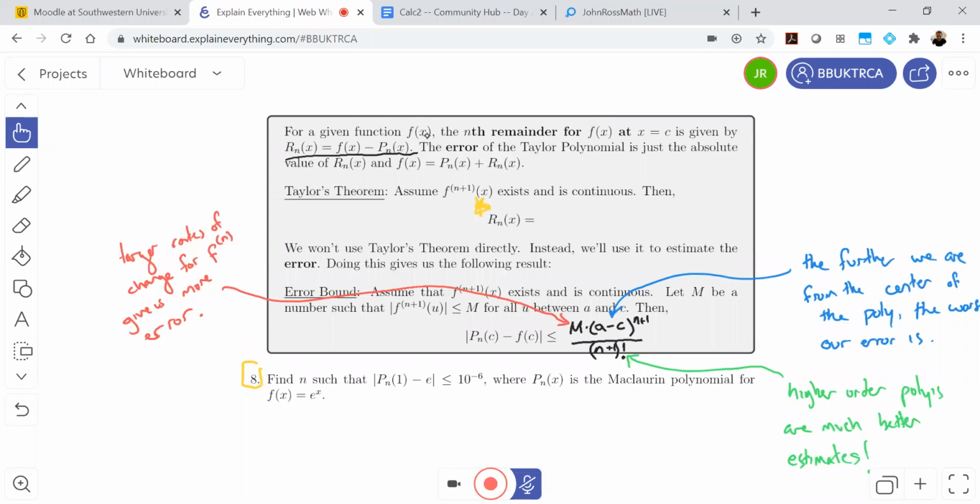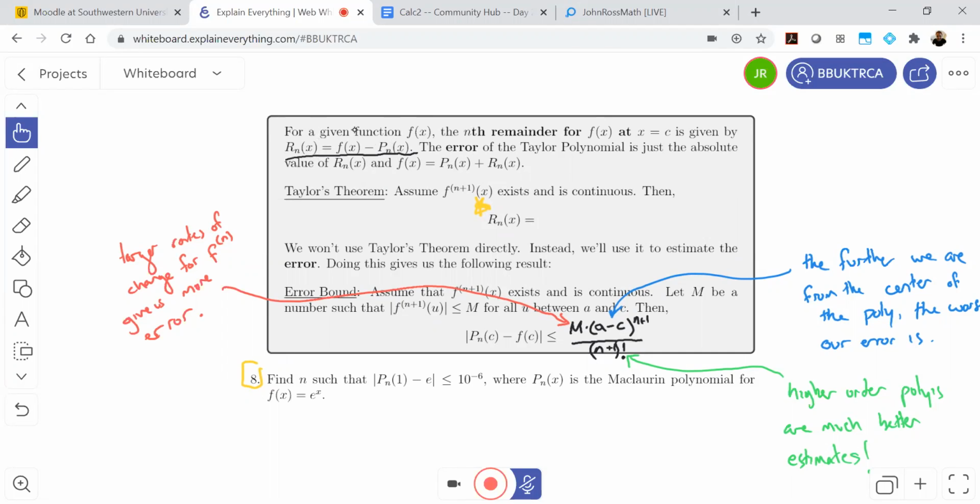I should say the Taylor polynomial is given by the formula up above, and the remainder is going to be just the function itself minus the nth degree Taylor polynomial. So the remainder is this leftover piece. It's the difference between the function and the polynomial. If that's the remainder, then the error of the polynomial is going to be the absolute value of that remainder.